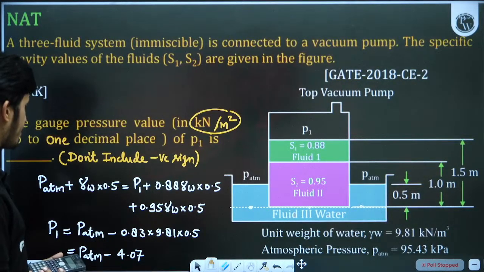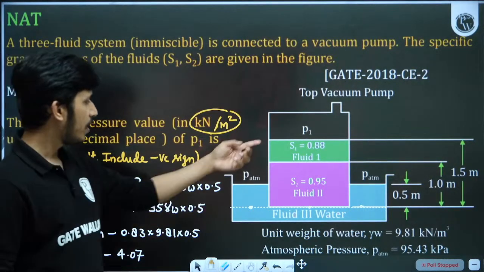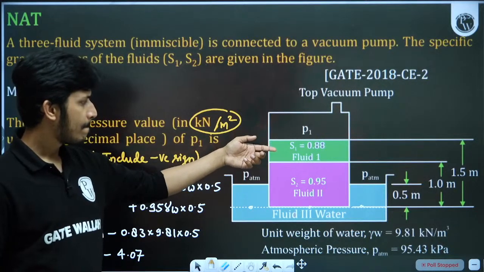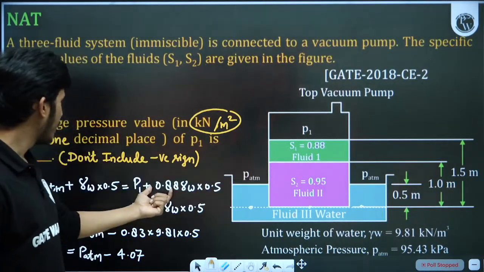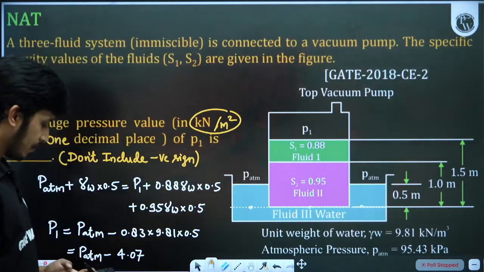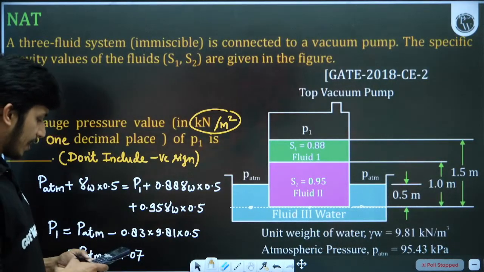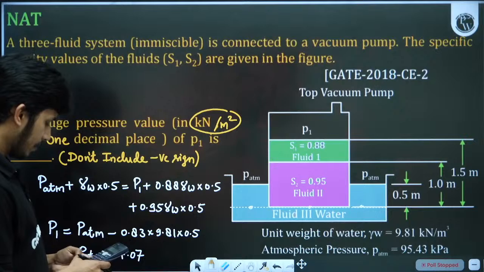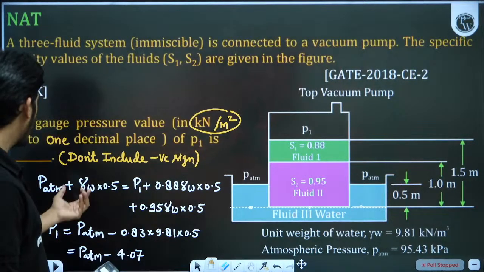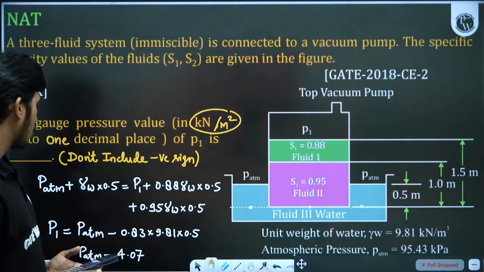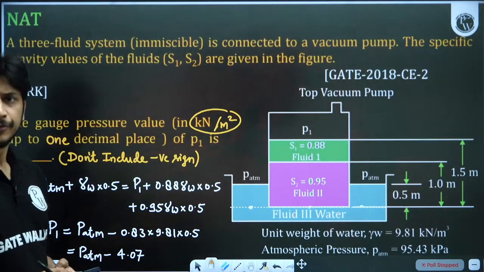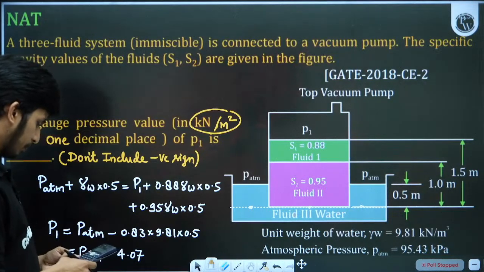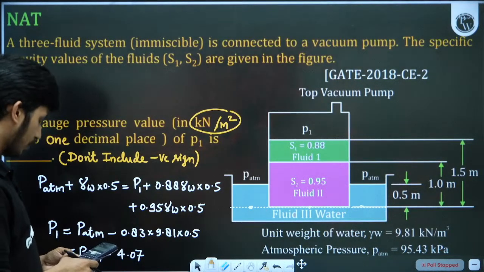Yes, I have taken 0.88 and 0.95. 0.95 plus 0.88 is 1.83, and this gamma W will be minus, so 0.83 will be there. That is correct. I don't find anything wrong.